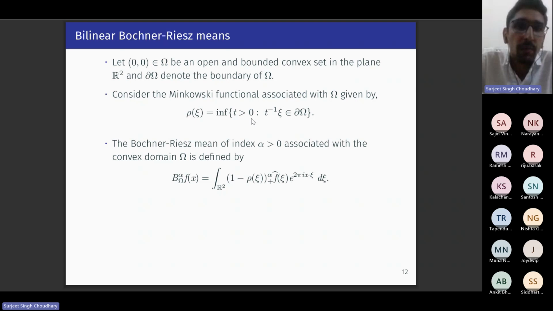Then we define the Bochner's mean of index alpha bigger than 0 associated with the domain omega, where the multiplier is given by (1 minus rho of xi) to the power alpha, taking only the positive values. When we have a unit disk, this rho of xi is nothing but mod xi squared.